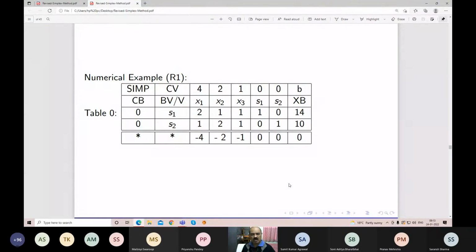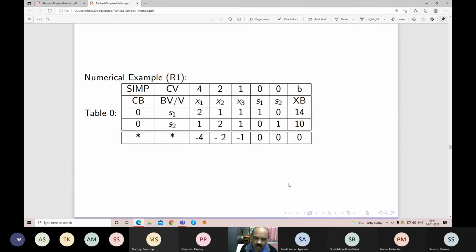Now, from this simplex table, can you identify what is your basis matrix? Hello? From this simplex table, can you identify what is your basis matrix?